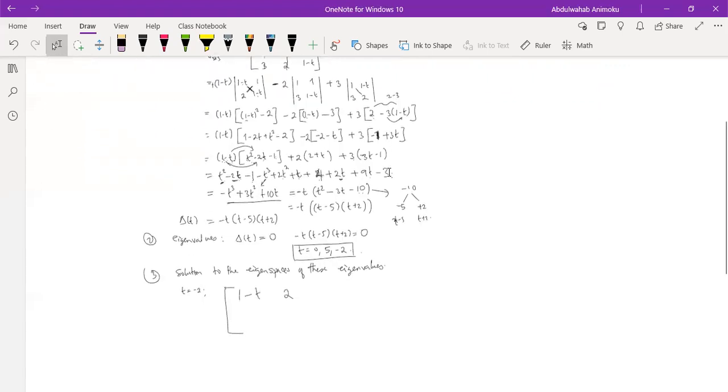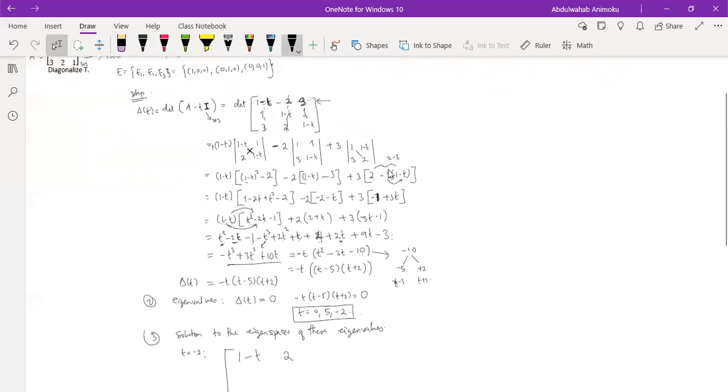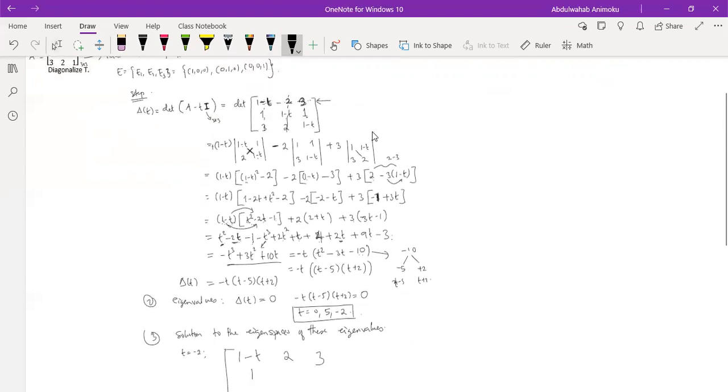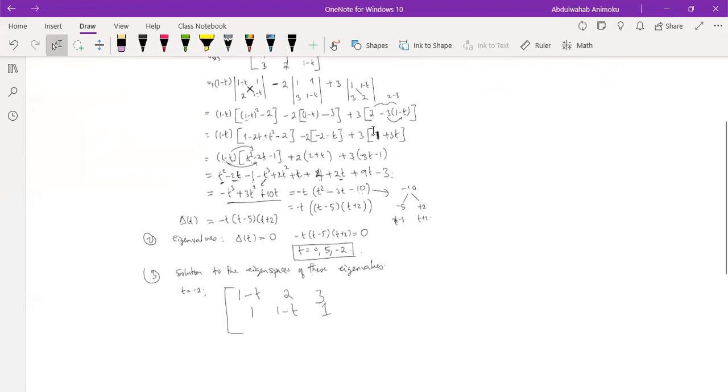So 1 minus t, 2, 3. Then we have 1 minus t, 1, and then we have 3, 2, 1 minus t.